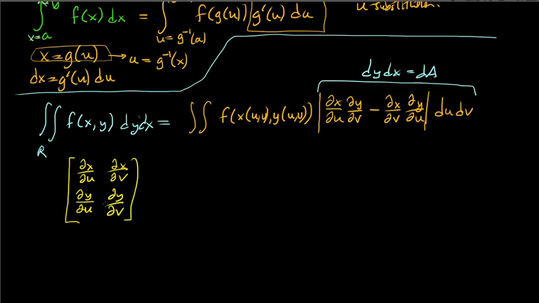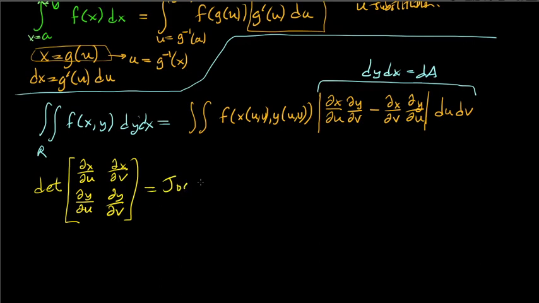If you take the determinant of this, the diagonal, multiply the derivative of x with respect to u times the derivative of y with respect to v, minus the derivative of x with respect to v times the derivative of y with respect to u. So the determinant of this, I'll just abbreviate determinant det.